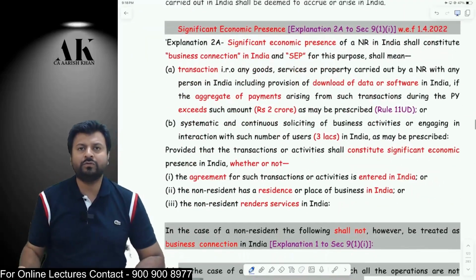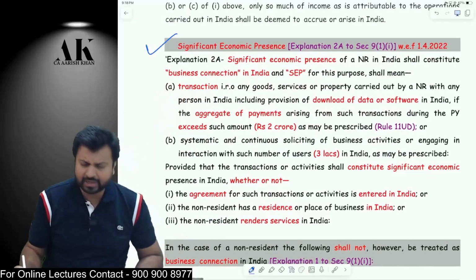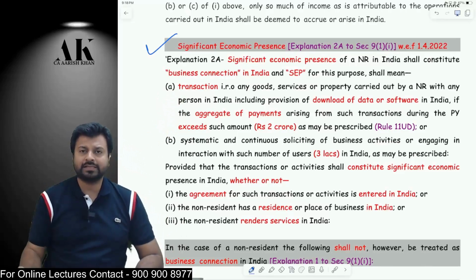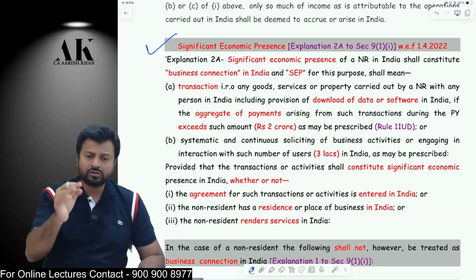Now coming to a very important concept, another level of business connection, that is significant economic presence. What is significant economic presence? If any non-resident has a significant economic presence, then that also amounts to business connection.